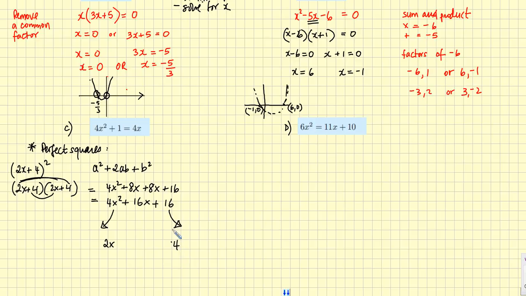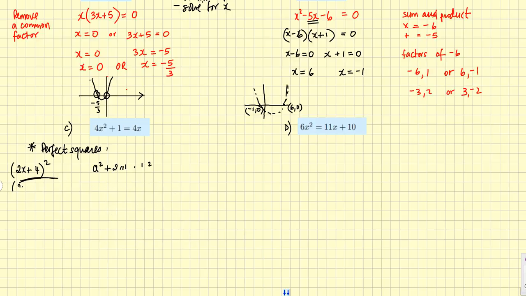If I square the last, I get 16. If I take the product of these two terms, 2x times 4, and then I double it, it goes to 16x. And therefore, I know that 2x plus 4, all squared, is my perfect square. Now, knowing that at this point that I've got 2x plus 4 all squared, let's go back now and take a look at the original question.